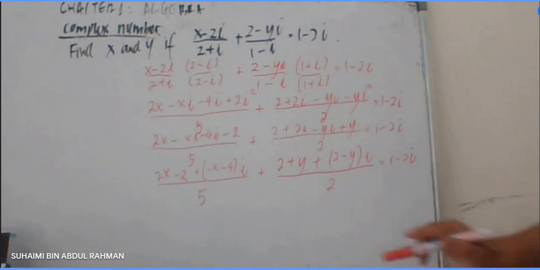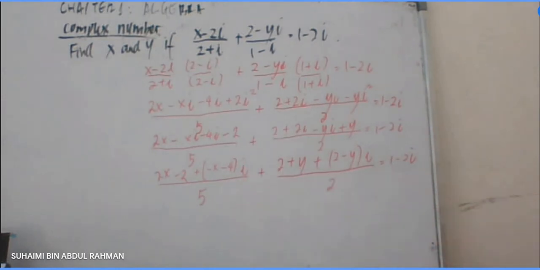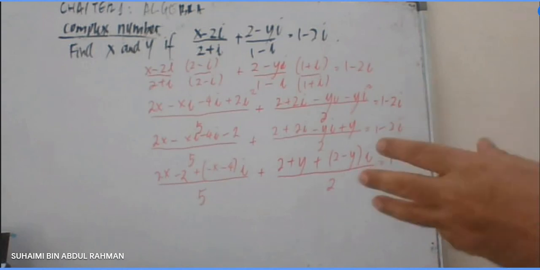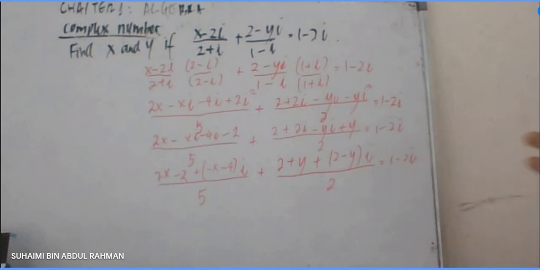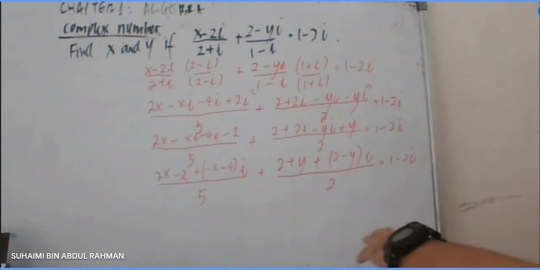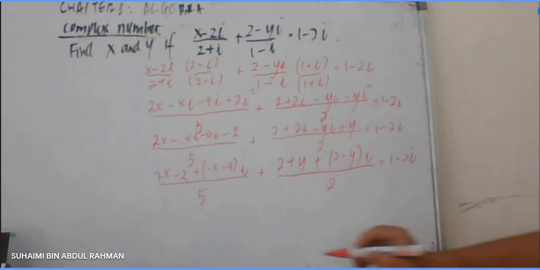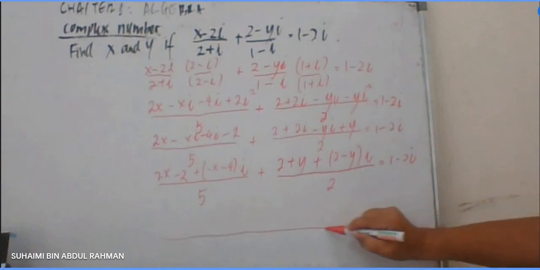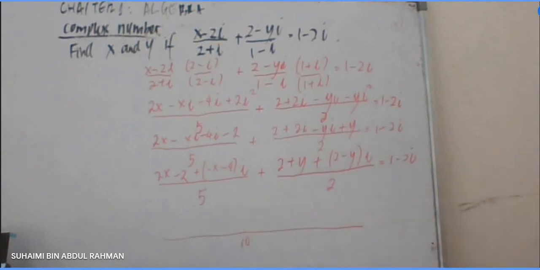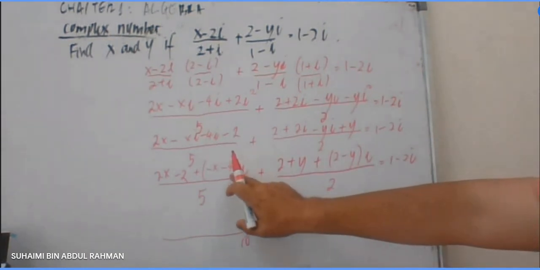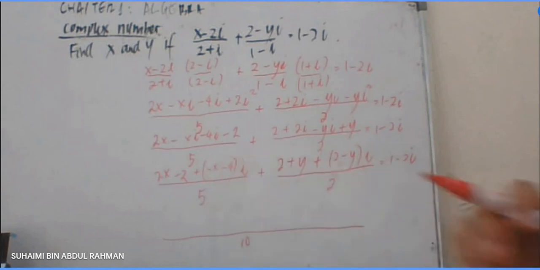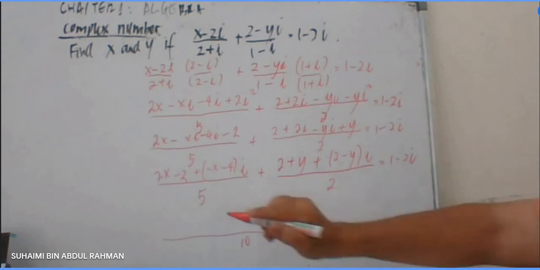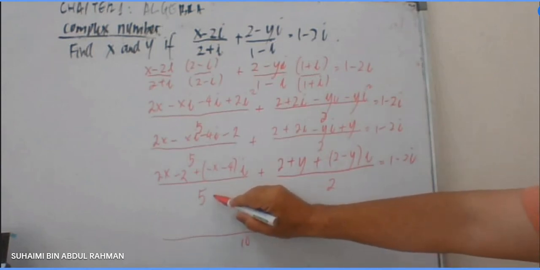So we have two fractions here, and they do not share the same denominator. We want to make the same denominator, 10. So 2x minus 2 plus minus x minus 4i must be multiplied by 2, since 5 here is multiplied by 2 in order to get 10.